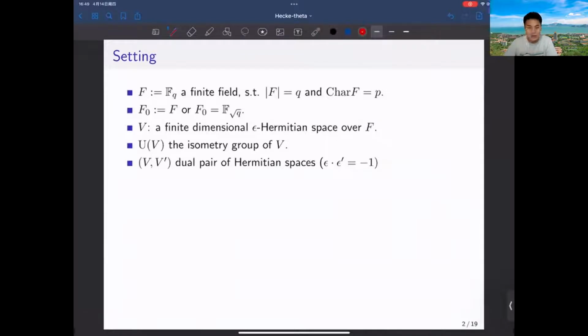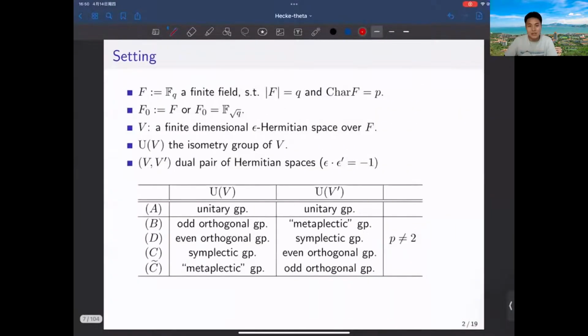Then we will consider the dual pair, which is basically determined by a pair of epsilon-Hermitian spaces such that epsilon times epsilon prime is -1. We will simply add a prime to all the notations to denote the things with respect to V prime. Okay, this is a table which would be familiar to most of you, I guess.